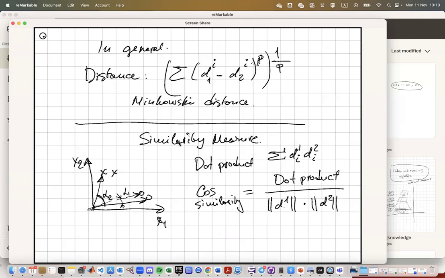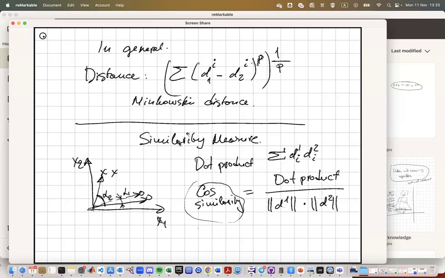That is the difference. As the name suggests, it captures the similarity between two vectors.